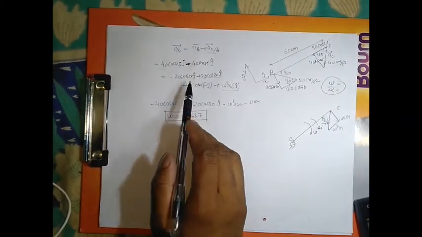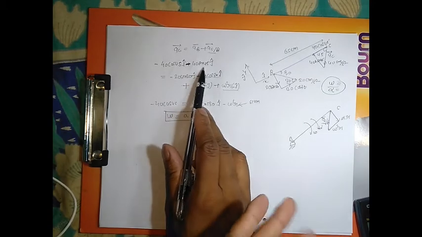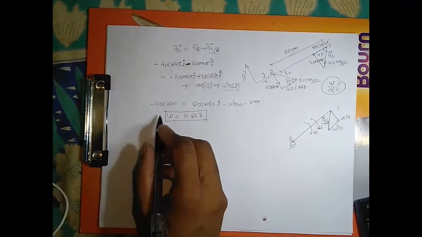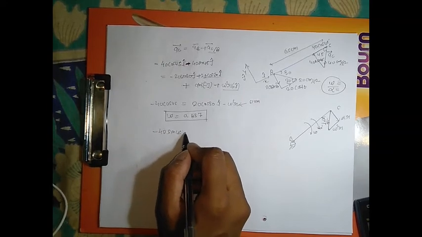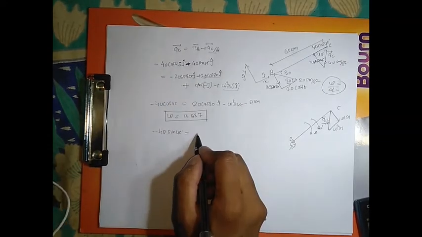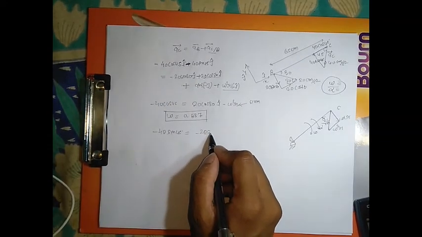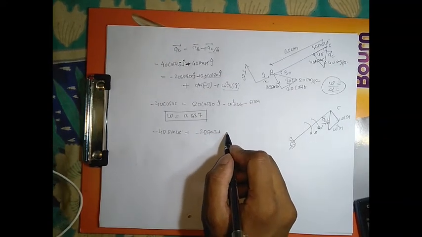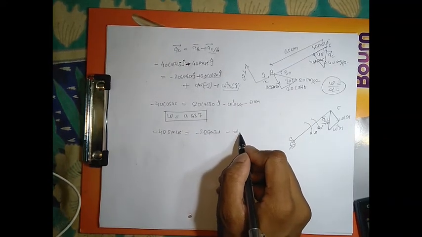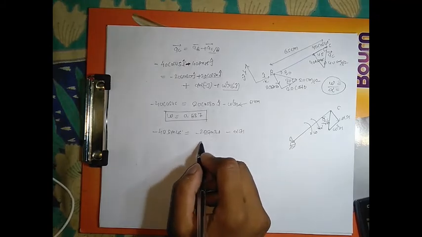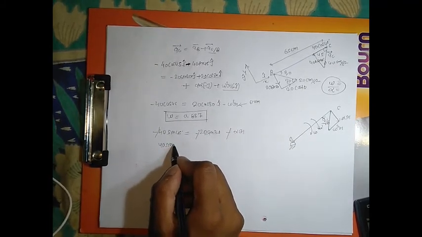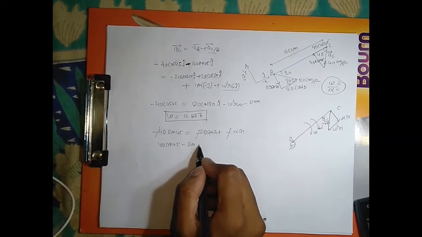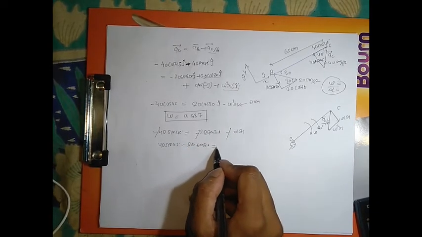Again, we equate the coefficient of the j component. Look, 40 sin 45 is equal to minus 20 sin 30 minus alpha r. So the minus will get cancelled: 40 sin 45 minus 20 sin 30 equals alpha r.